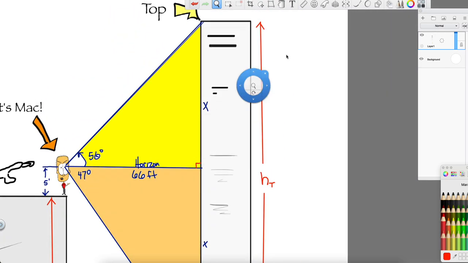So we have this yellow right triangle and this orange right triangle, and we know an angle, and we know this side adjacent to the angle is 66 feet, and we are trying to find the side that's opposite. So X is the opposite leg, and the 66 feet is the adjacent leg.